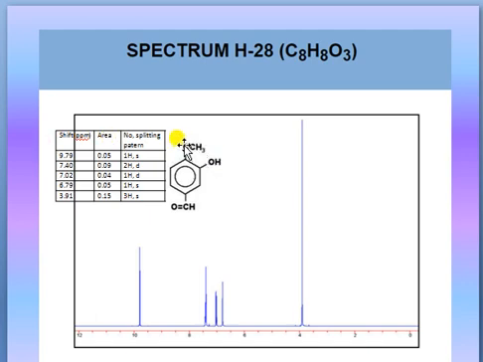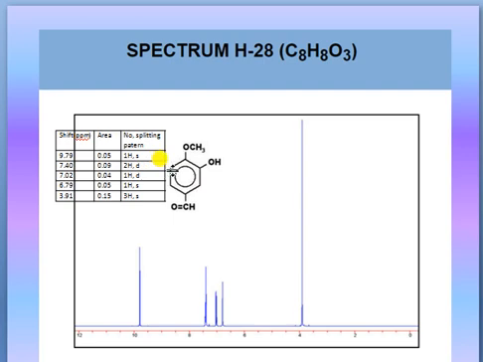Here you see OCH3, the oxygen, this one, this one, this one. Now see, this is a singlet, and two doublets. This one will be a doublet, this one will be a doublet. This one hydrogen will be a singlet.